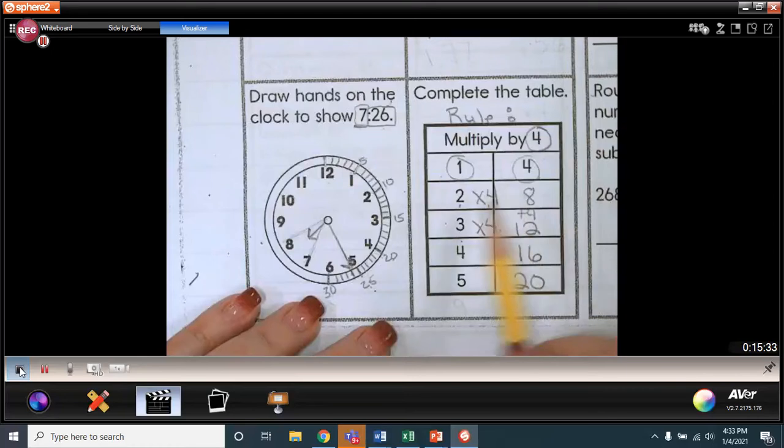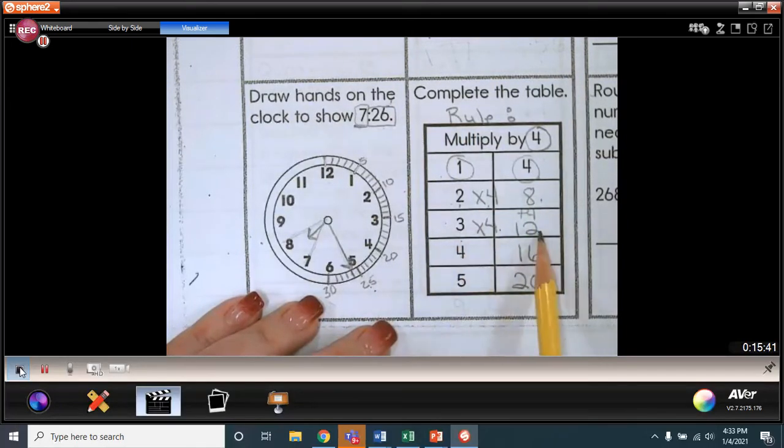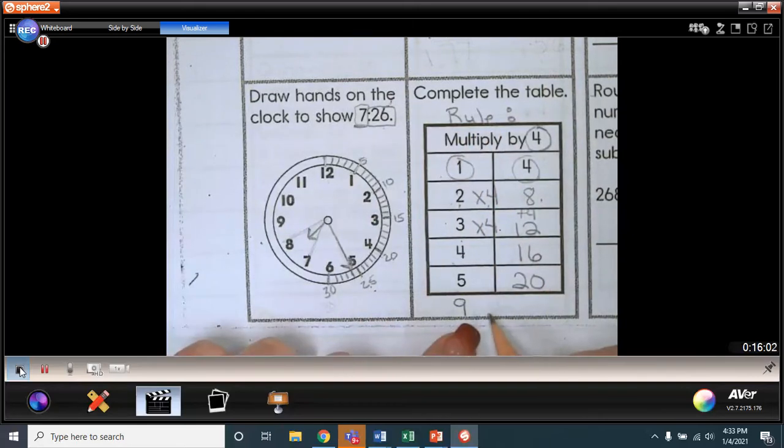Now remember, we're looking input to output, not output to output. Input to output, input to output, input to output, input to output. Now, let's just say, for example, what if they didn't put the next number in the input as 6? What if they put it as 9? We would need to know that the rule is asking us to multiply by 4.